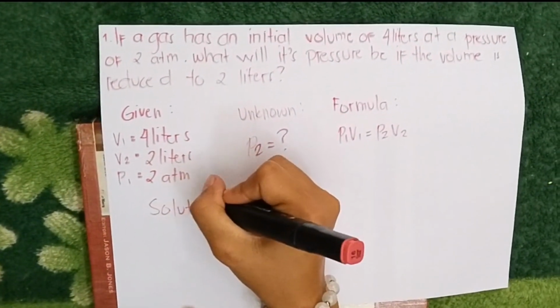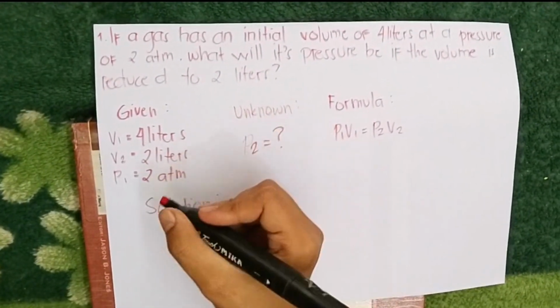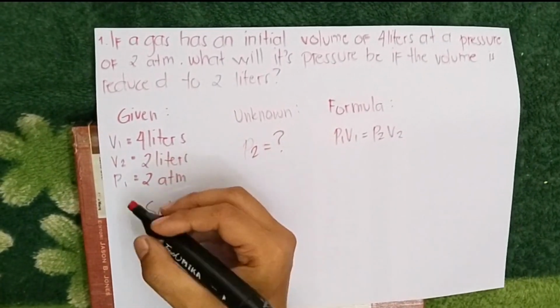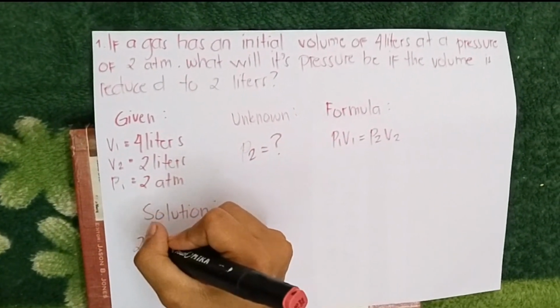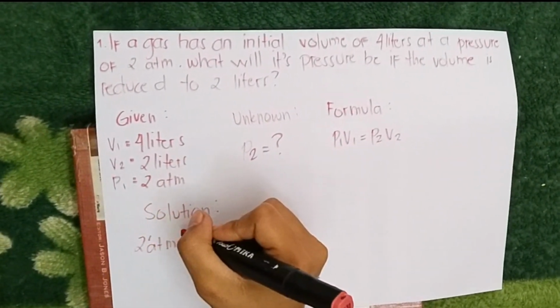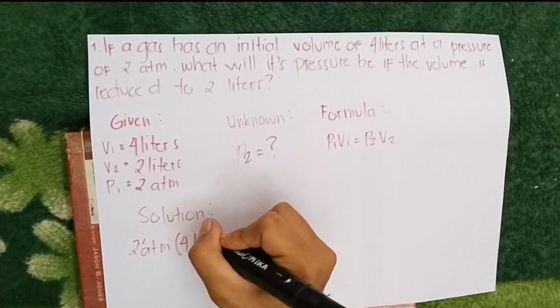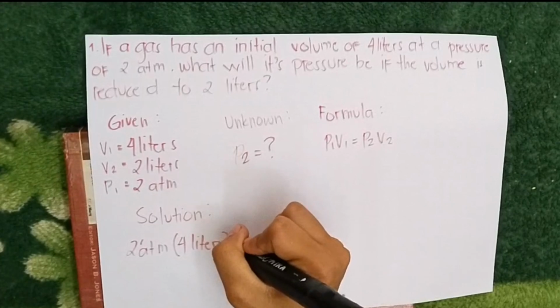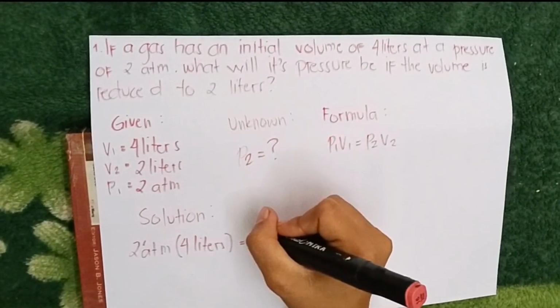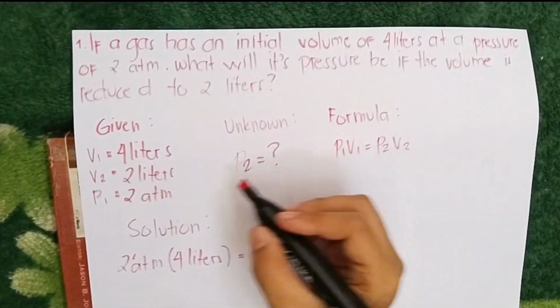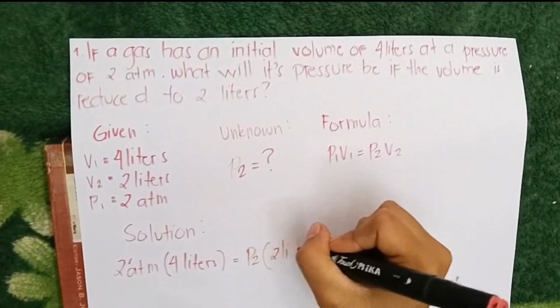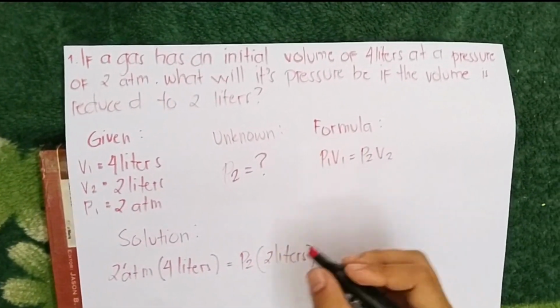Let's solve it by using our formula. Copy the P1, 2 atm, and V1, 4 liters. Copy the unknown, which is P2, and V2, which is 2 liters.